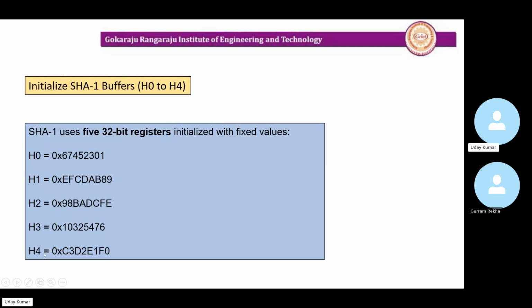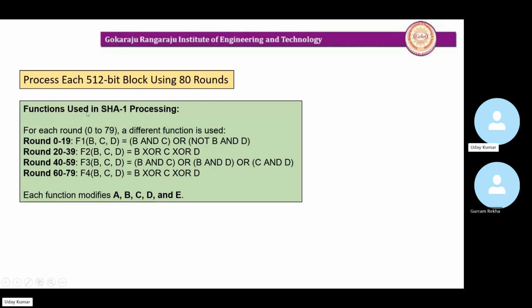So these are the 5 registers, five 32-bit registers: H0, H1, H2, H3, H4. You might want to remember this. Next, these are the functions F1, F2, F3, F4, for a total of 80 rounds.